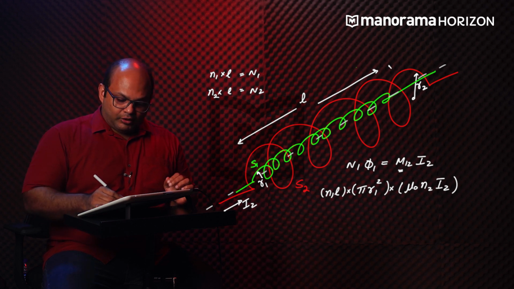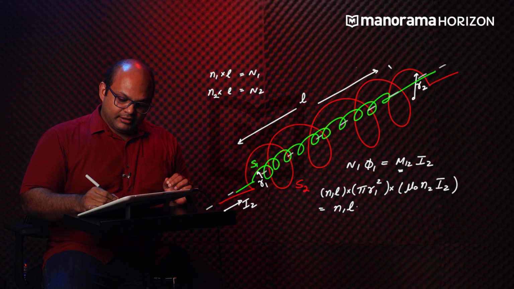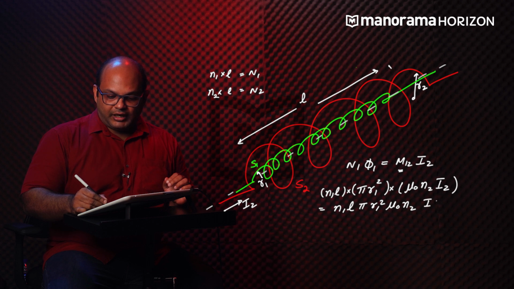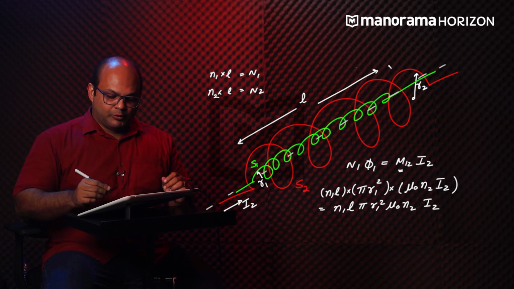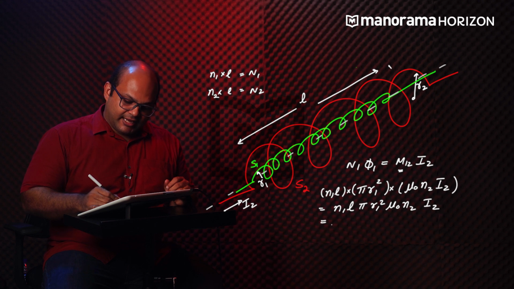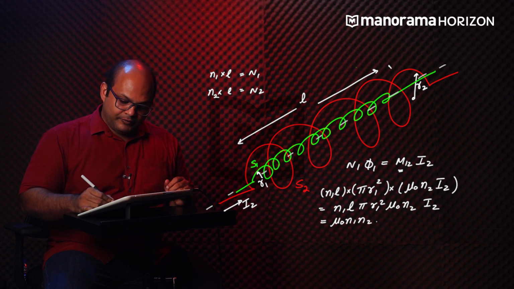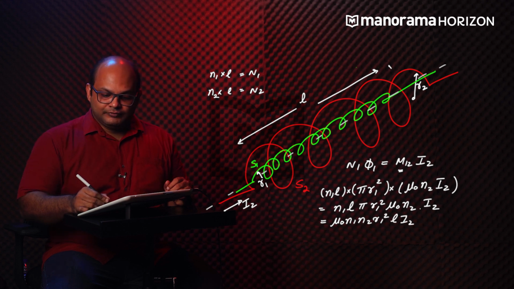So if we multiply all of them, we get the expression N1 L pi R1 squared mu naught N2 I2. Now, this is not a very elegant way of stating this, so let's make this a little more systematic. We can rewrite this as mu naught N1 N2 pi R1 squared L I2.